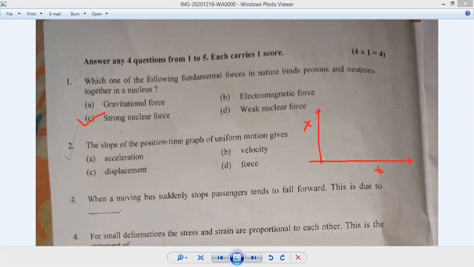So the plot will be like that. The slope of this graph is the velocity. We know that velocity is equal to the rate of change of position. Hence the slope of the graph is the velocity. Hence the answer is option B.